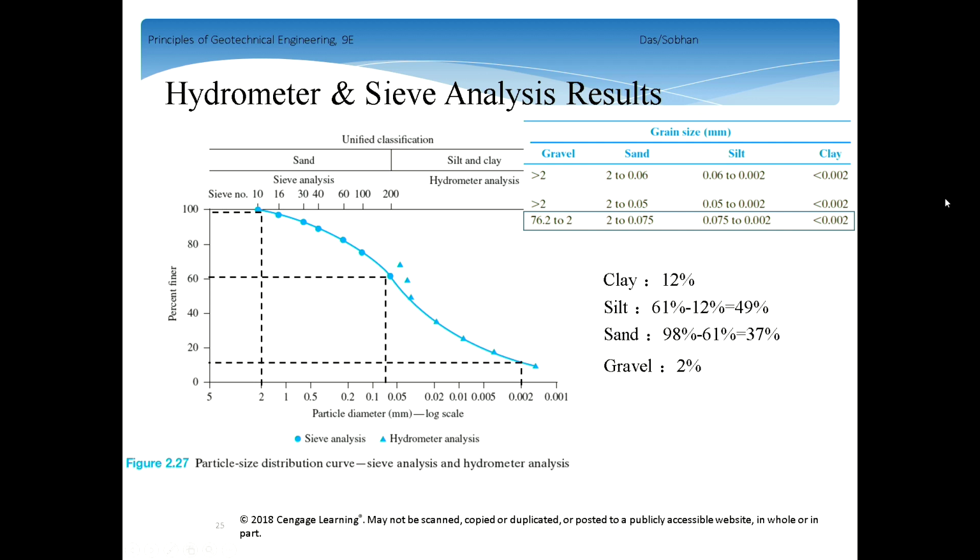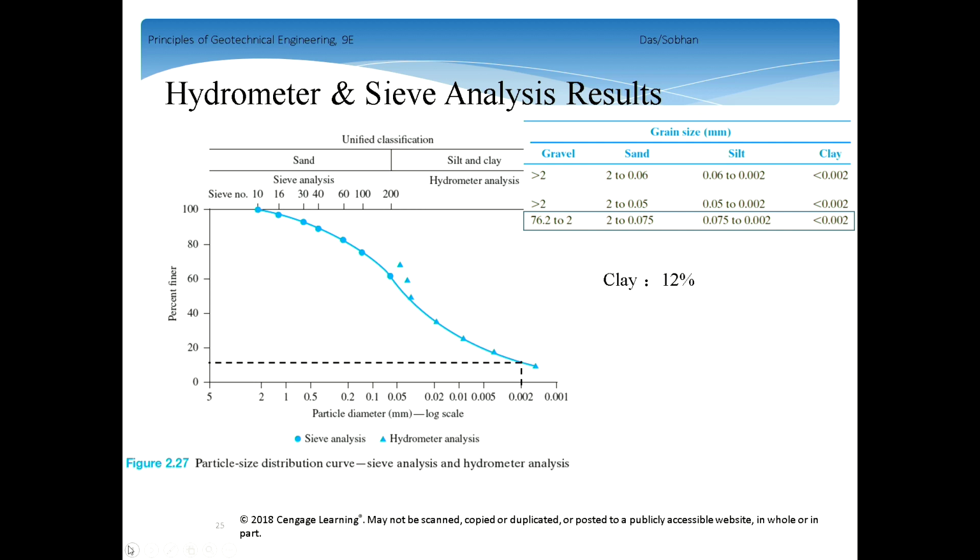And then we go to the particle size distribution curve. In most analyses, as long as you have the particle size distribution curve, what we need to do is to define the soil, to classify the soil.